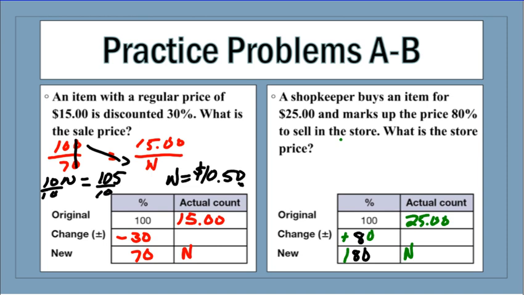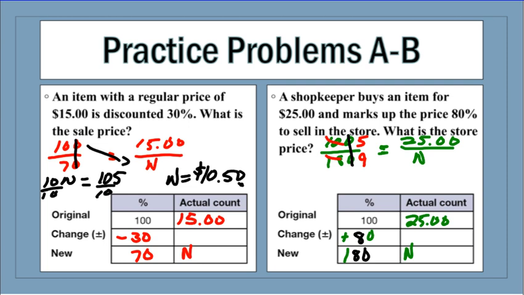So I'm going to use 80 over 180. Actually, I'm not going to use the 80, because I need to use the 100, because I know what the original cost was. So $25 over N. And I can simplify here, dividing by 10, and then I can divide by 2. 10 divided by 2 is 5. 18 divided by 2 is 9.